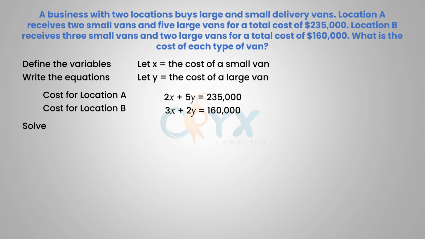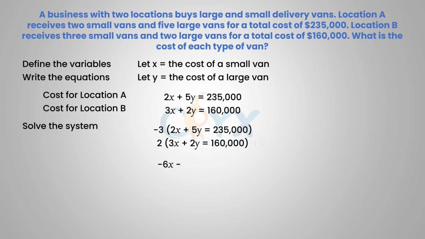Next, I need to solve the system. I'm going to use elimination again, and I'm going to multiply the first equation by -3 and the second equation by 2 in an effort to try to eliminate the x variable. My new equations are now -6x minus 15y equals -705,000, and 6x plus 4y equals 320,000.